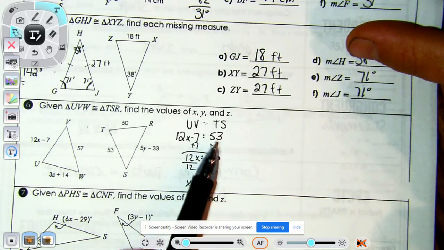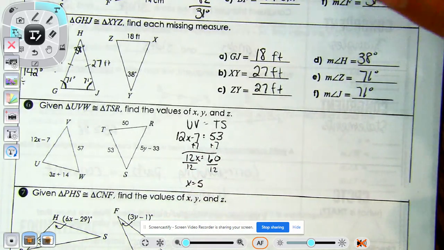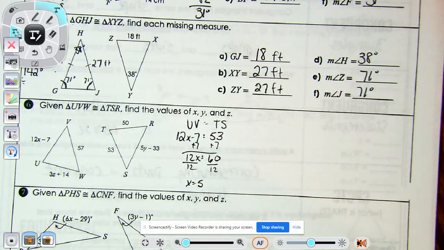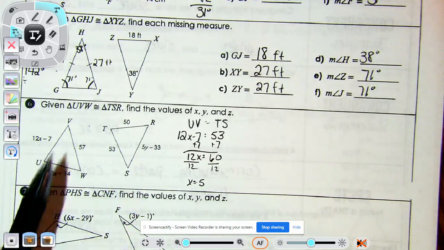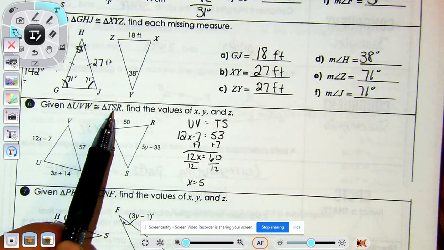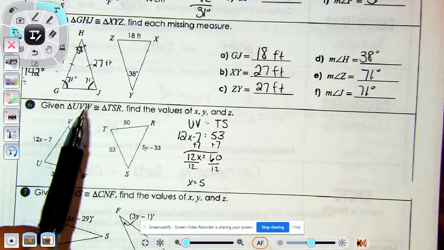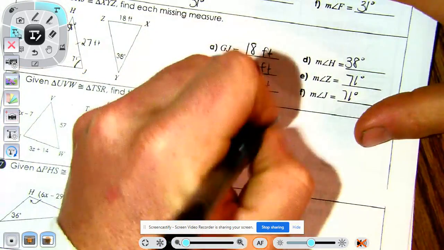All right, the next one I want to solve for is Y. Y was over here. It was part of the segment RS. So RS was the third and second in this congruency statement. So it's going to be congruent to WV. So let's go ahead and start there. RS is congruent to WV.